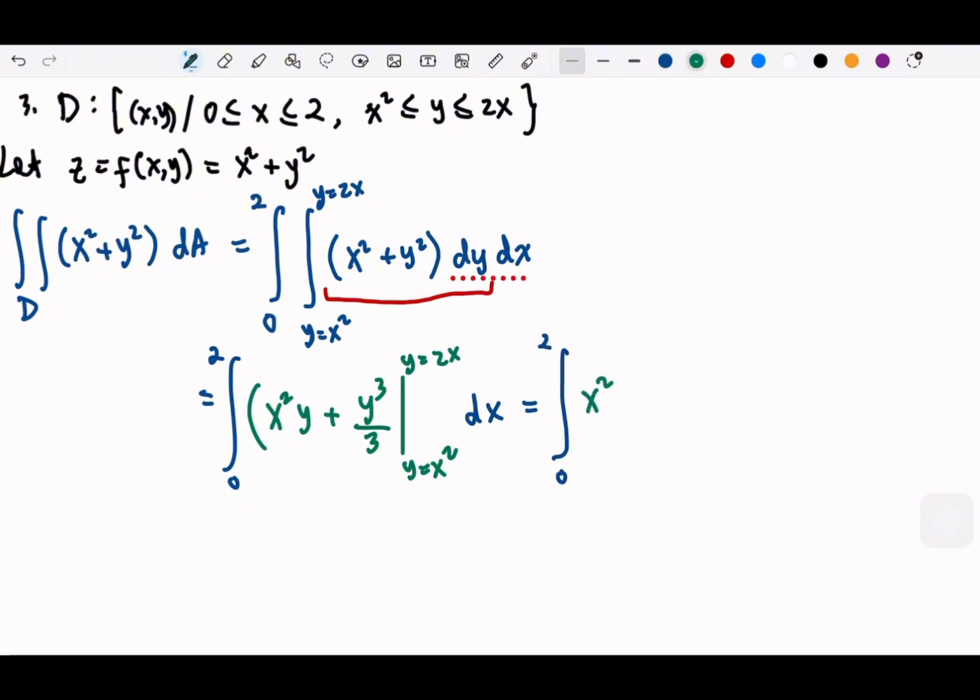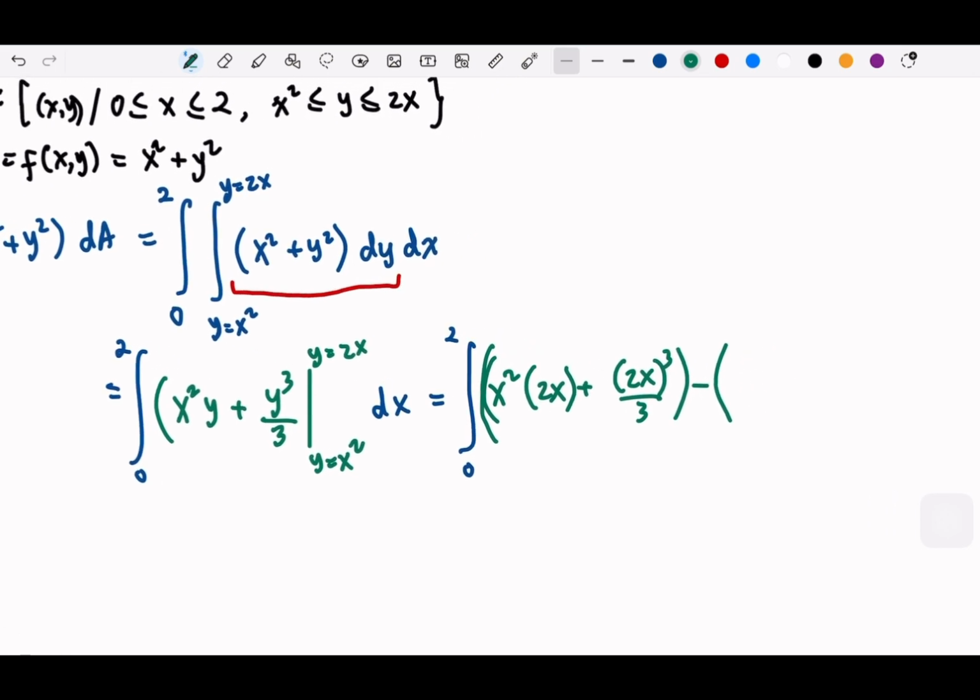So x squared times 2x plus 2x cubed over 3, bracket and bracket. Okay.